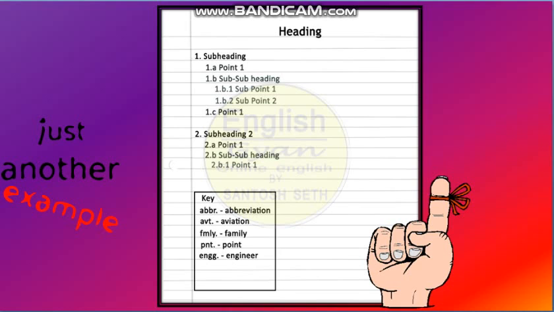If you are writing main heading 1, 2, then 1.1 or 1.A, then suppose that 1.1 has one more subheading, so 1.1.1, 1.1.2, like that you can write, and there will be a zigzag manner also. And at last there should be a box in which you can write down the abbreviations, key: AVT, aviation, FMLY, family, like this.